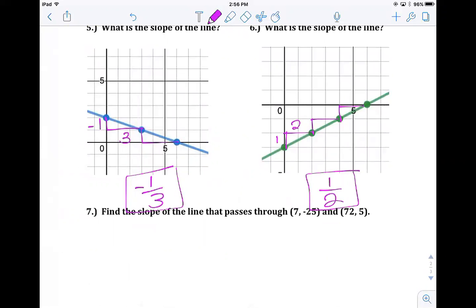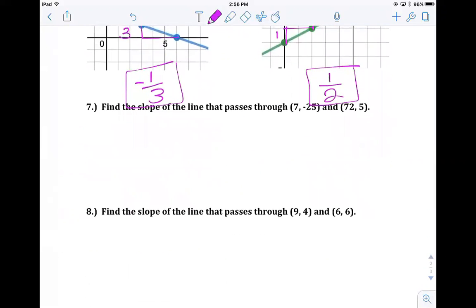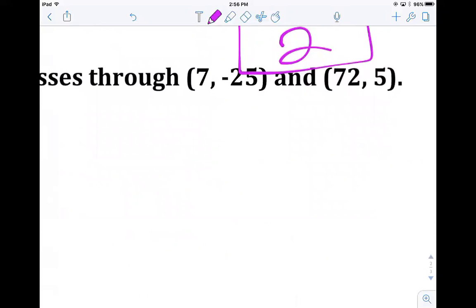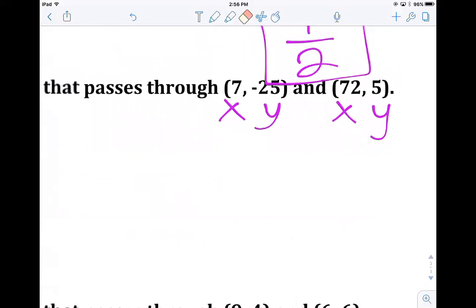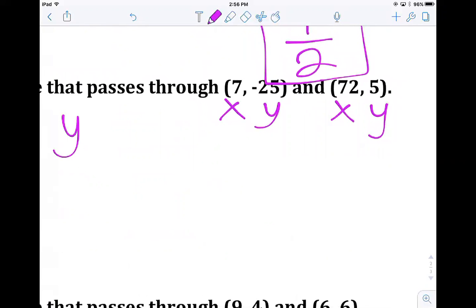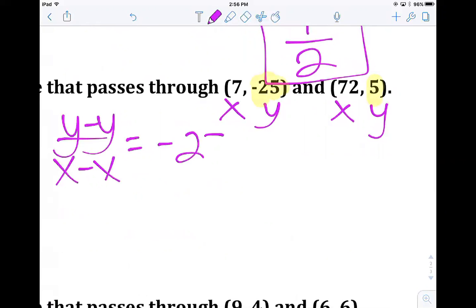And then the final two problems are using our slope equation. So we know this is x, this is y, this is x, this is y. So we have our equation that says y minus y over x minus x. So if we take a look at that, we're going to do negative 25 minus 5 on the top, and then 7 minus 72 on the bottom.